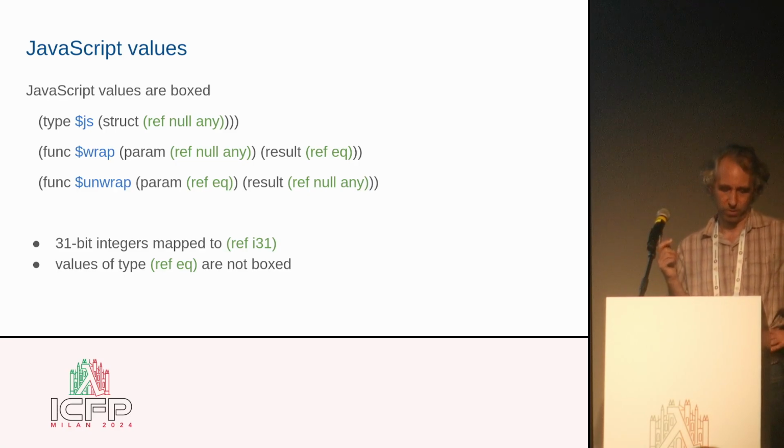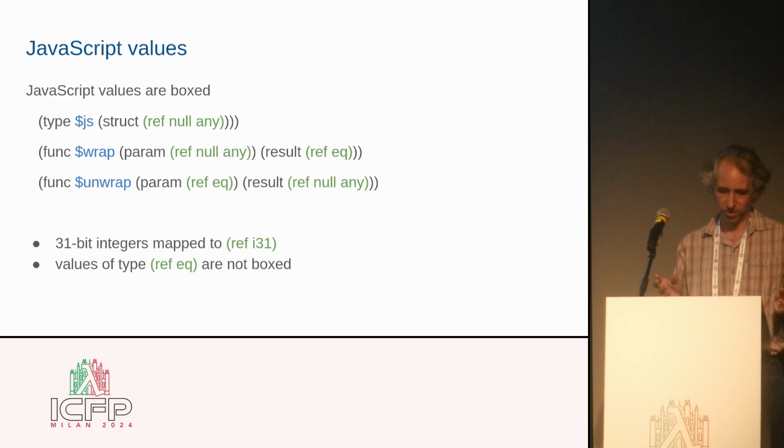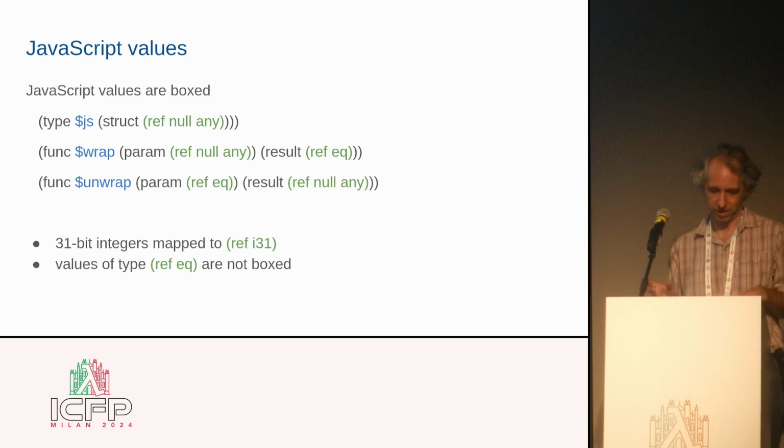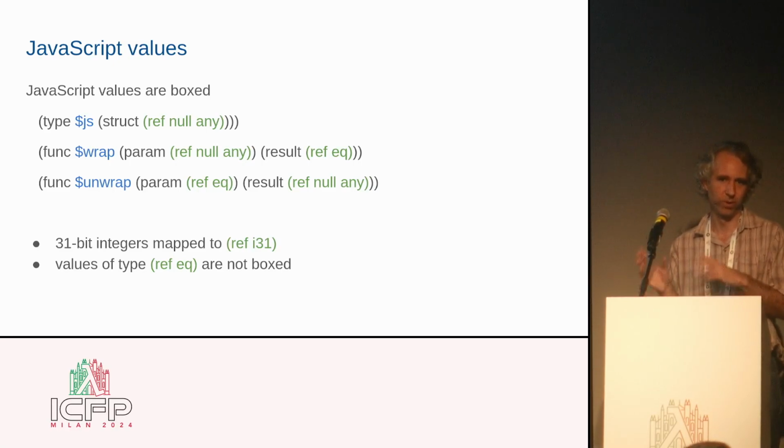And there are two functions, one to box a value and one to unbox it. And these functions map 31-bit integers to ref i31. And the values of type ref eq are not actually boxed, which means that if you have an OCaml value, you can send it to JavaScript and get it back still as an OCaml value, not a boxed OCaml value.